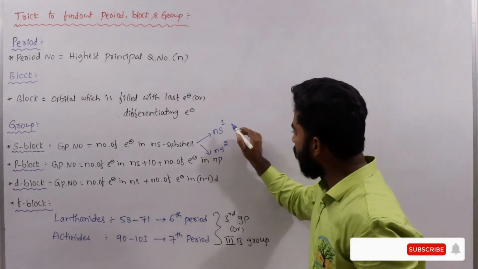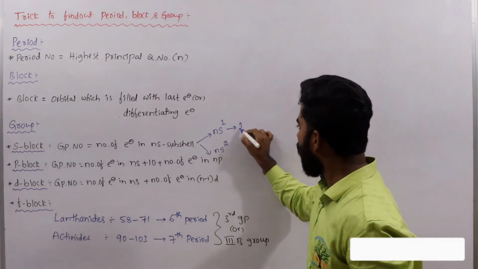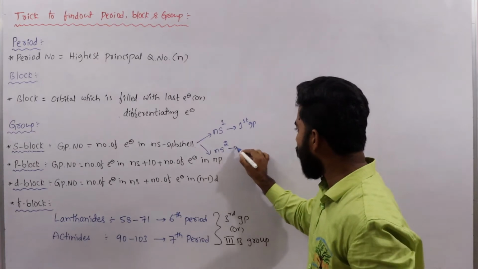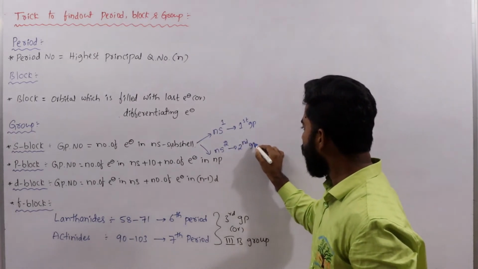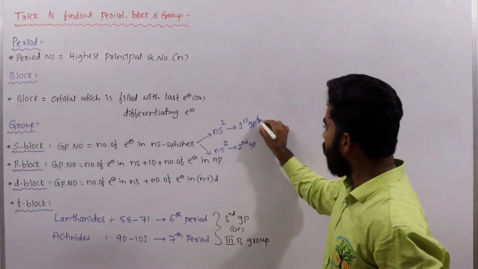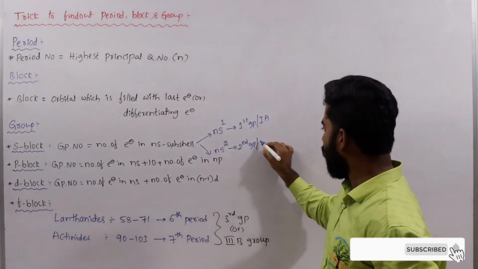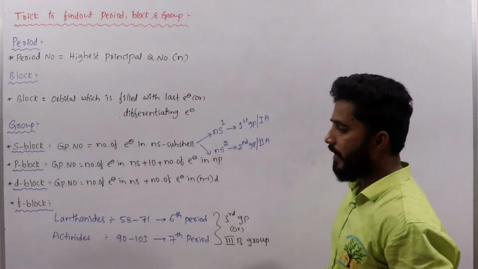If the ns orbital has one electron, that belongs to the first group. If the ns orbital has two electrons, that belongs to the second group. The first group is also represented as 1A and the second group as 2A.